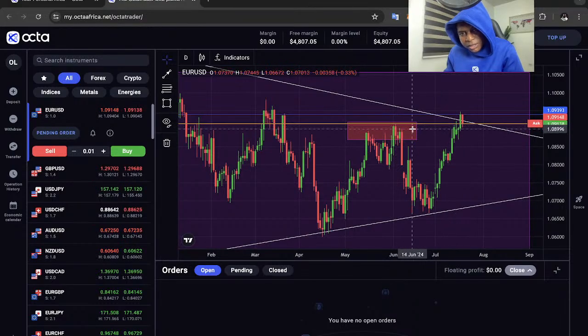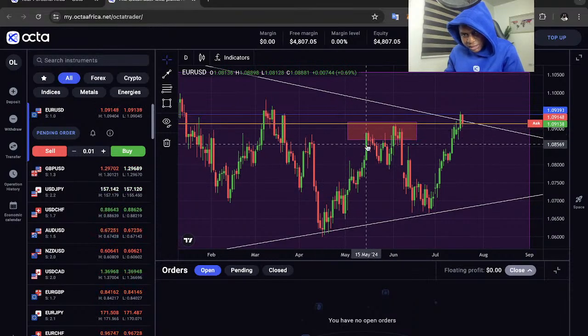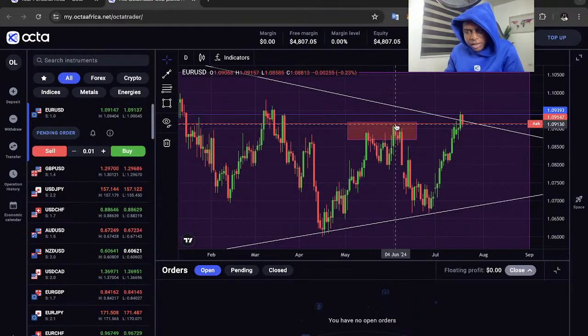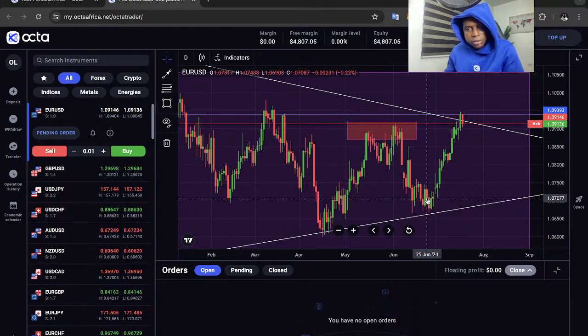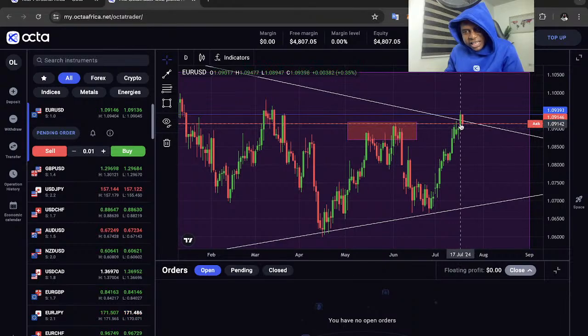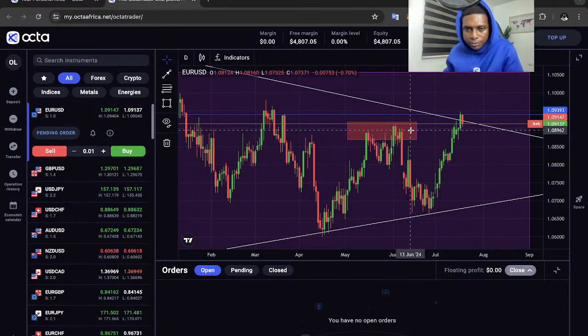This neck region has shown strong resistance twice. When price came up here, it pushed it down. Price came up here again, it pushed it down. Now at this point, it could not push it down because yesterday's candle broke out of this neck region, which has served as a resistance.